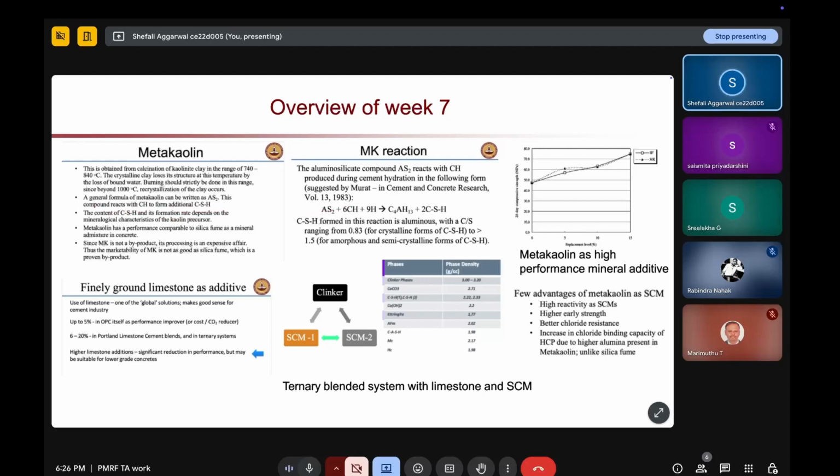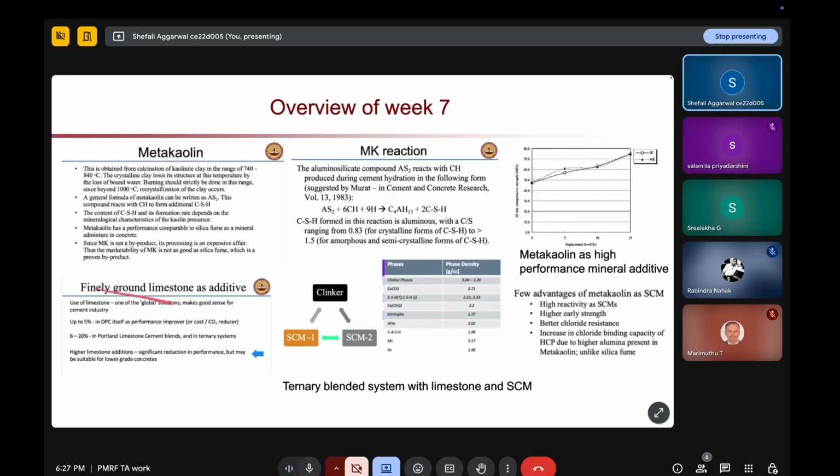When this AS2 reacts with calcium hydroxide present in the cement, it will form additional CSH plus another compound, which is C4AH13. Since this is not a byproduct from industry like rice husk ash, it is a little expensive compared to our previous SCMs.